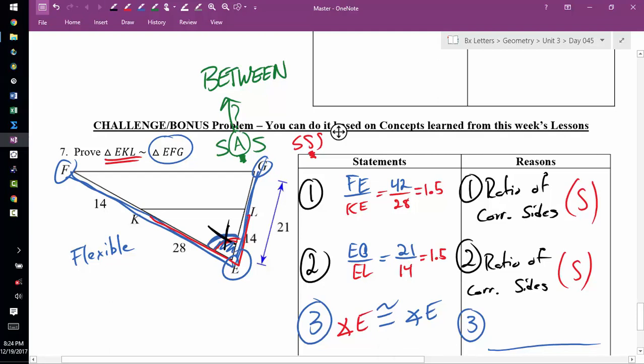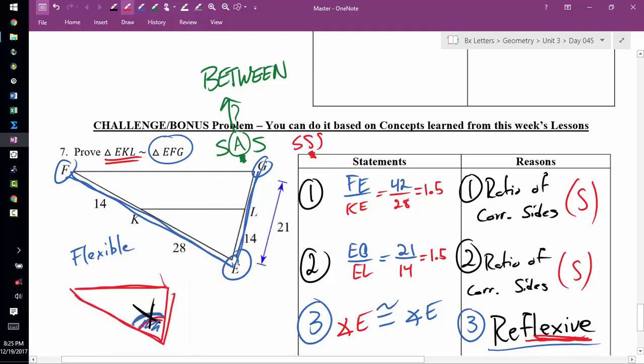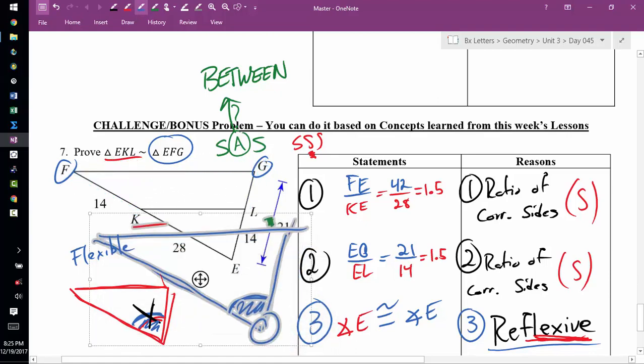That's my personalized notation. Your reason for this, the mathematical term, is called reflexive. And the way I remember it is something that is reflexive is flexible. It can be used in one triangle, and it is so darn flexible, it can be used in a different triangle without moving, and that's the key part. Boom.